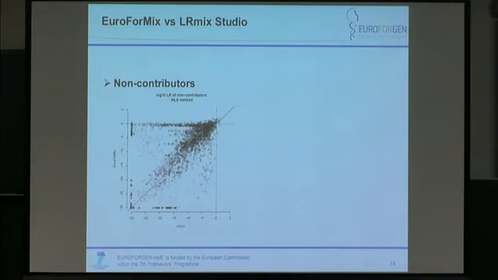Now we return to non-contributor analysis. So these are individuals that have not contributed, and now we're looking for false positives. So again, if we look at this plot here, you can see that the EFM tends to give you more false positives than LR-Mix.